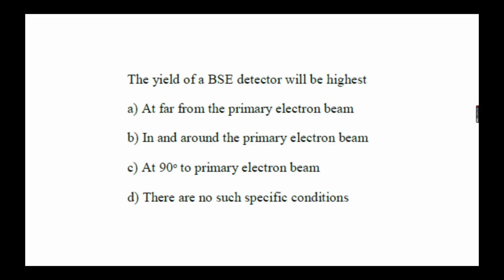In the last-to-last lecture we covered elastic scattering, inelastic scattering, and how BSE and SE are generated, what the directions are, and some specifications regarding this backscattered electron. So can you give me the answer for this also?